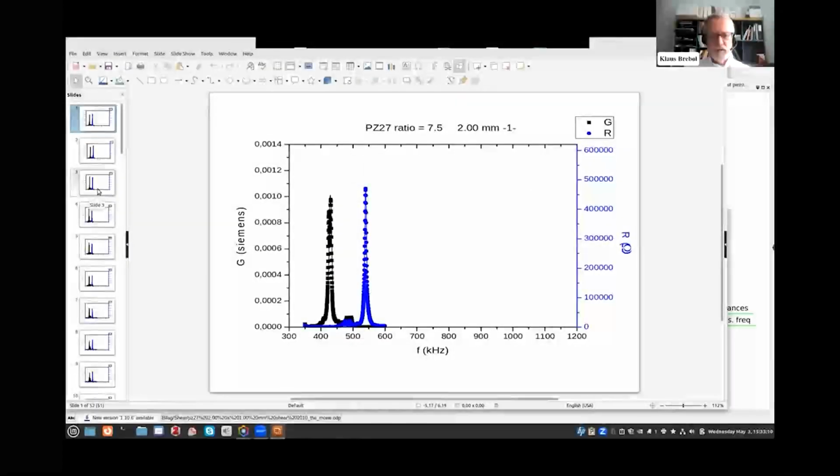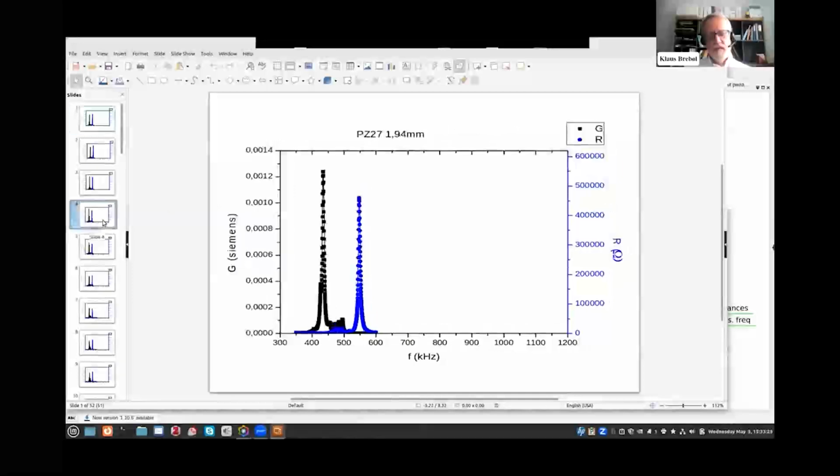This curve shows the impedance measurements I was talking about before for a 2 millimeter thick sample, 15 by 15 millimeters, so an aspect ratio of 7.5. And you can see here we have 2 clean resonances. If we thin down the sample in steps of 200th of a millimeter, there is something in here.